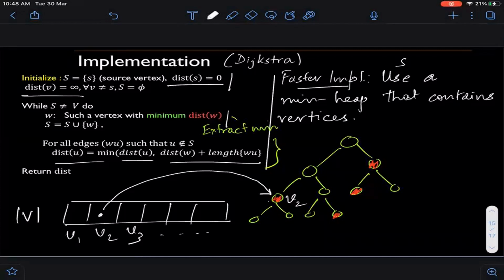So why should this be E log V? It still seems like there are V number of iterations, and you are looking at every edge once and then carrying out the operation. So why should this be E log V?